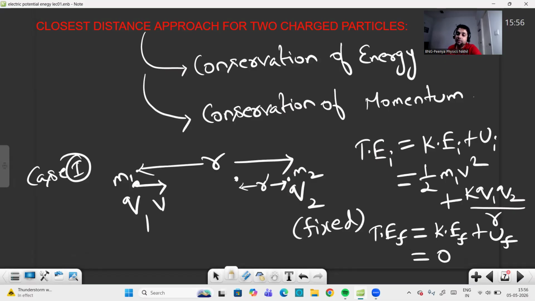But there will be interaction energy due to Q1, Q2, that will be K Q1 Q2 divided by R dash. I'm writing this again: the final energy is 0 plus K Q1 Q2 by R dash.